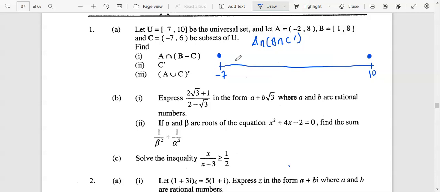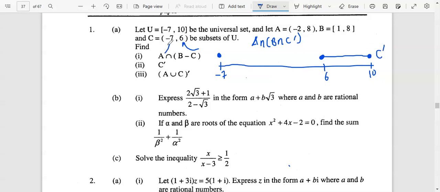Now we go to the set C, starting from -7 up to 6. So 6 is going to be, let's say, somewhere here. If you can notice, 6 is not part of the set C, meaning that it will be part of the complement. So I'm going to put a dash here, shade it, then go in this direction. This is going to be C complement.